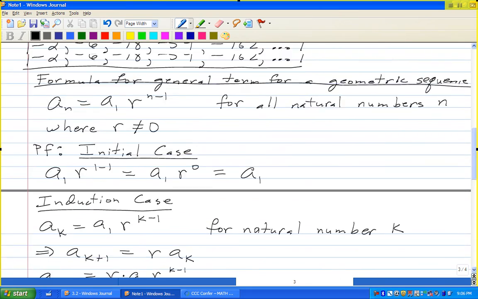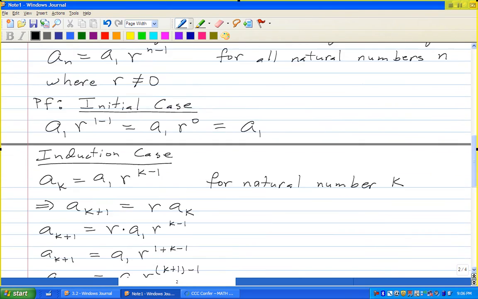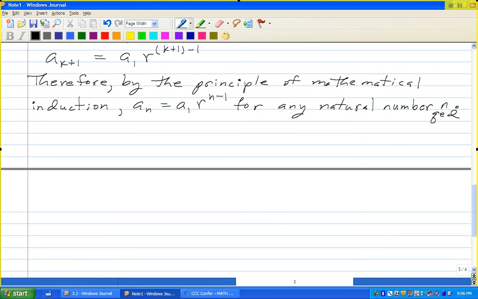So now let me do problem number 5. Okay, so problem number 5 says the first term is 5.